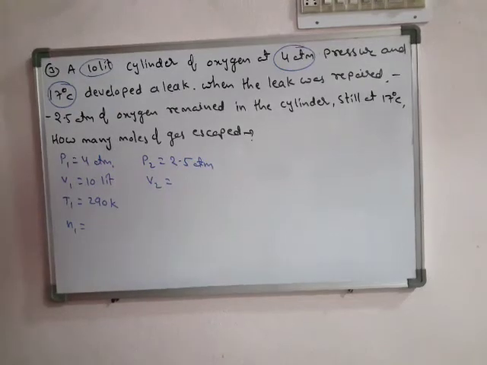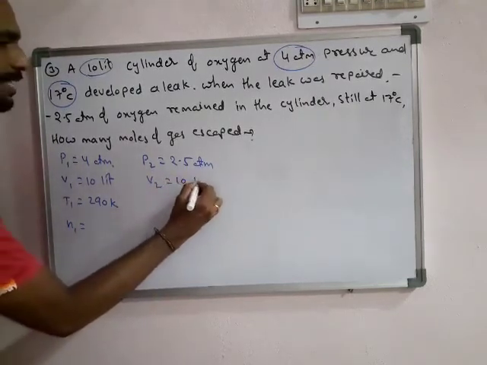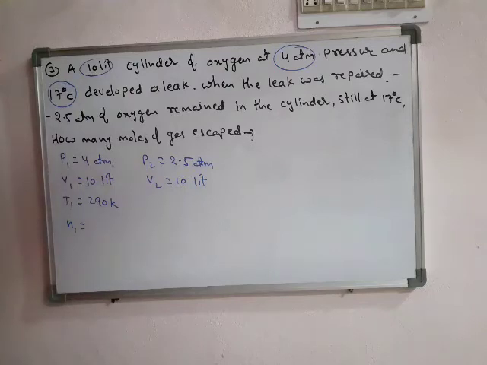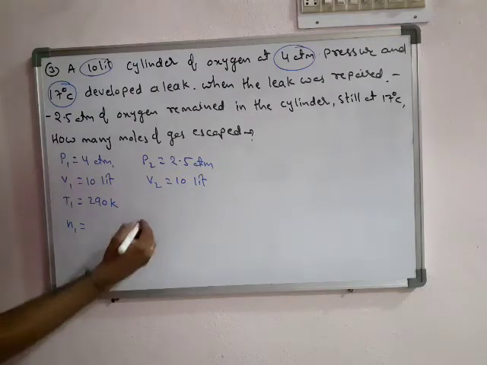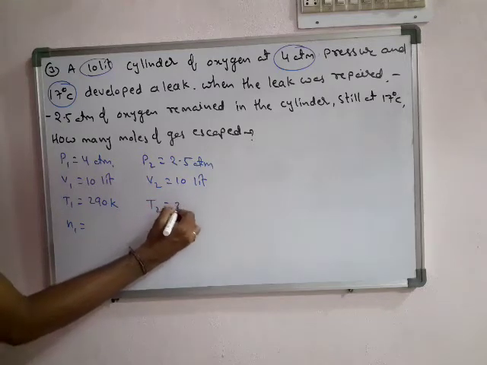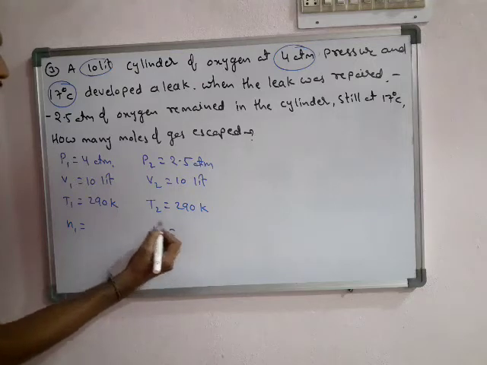There is no particular value given for V2. Generally, by changing the temperature and pressure there is no change in the volume value, so take it as 10 liters. It is also mentioned that there is no change in temperature, so the value is unchanged. So what is N2?